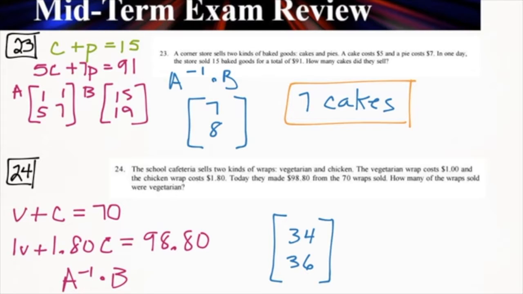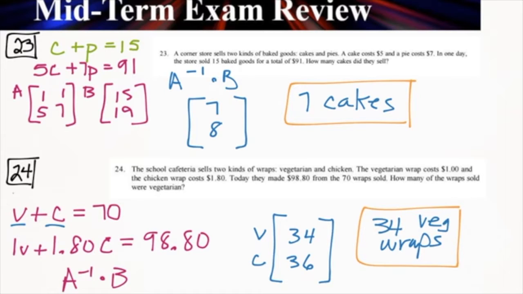It's always in order. This one's going to be first, this one's going to be second, because this one was first here, and this one was first here. So the answer is going to be 34 wraps, or vegetarian wraps, let's put it that way. All right. Okay, let's try the next one.